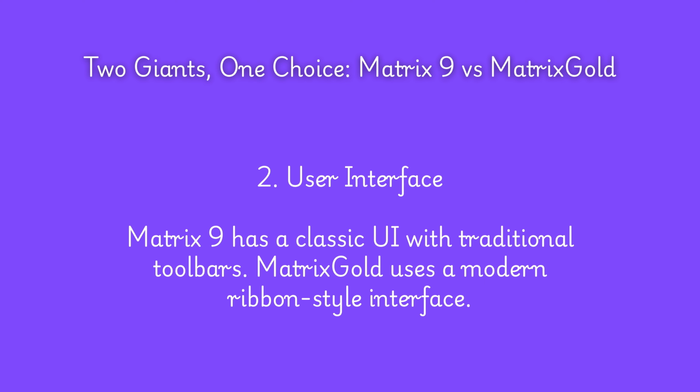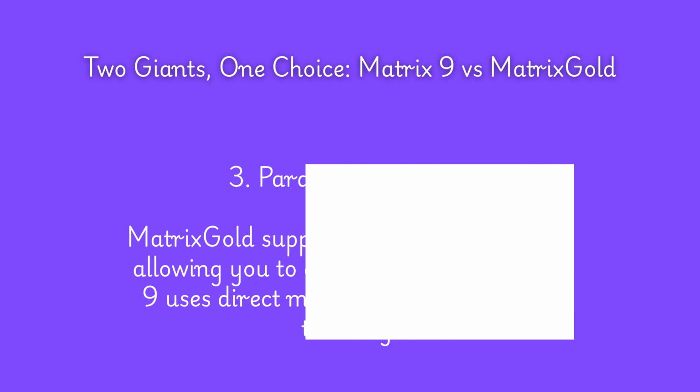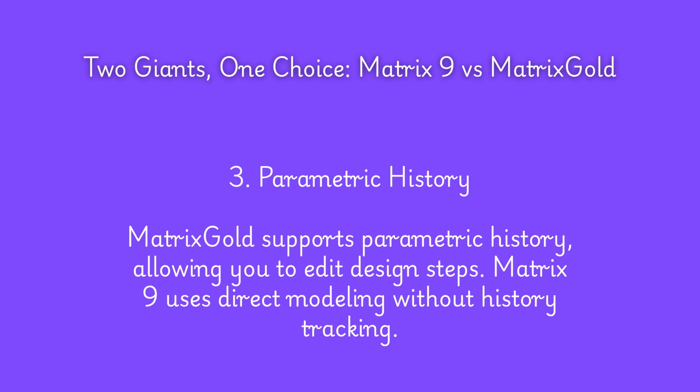User interface. Matrix 9 has a classic UI with traditional toolbars. MatrixGold uses a modern ribbon-style interface. 3. Parametric history. MatrixGold supports parametric history, allowing you to edit design steps. Matrix 9 uses direct modeling without history tracking.